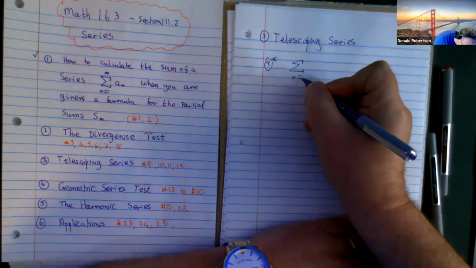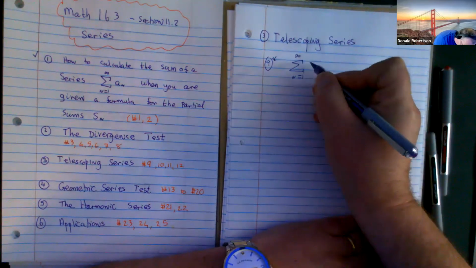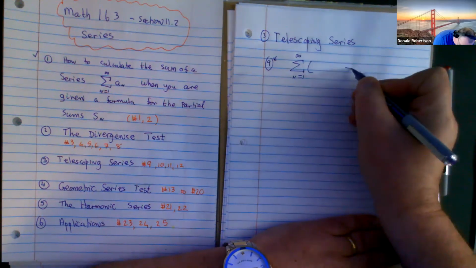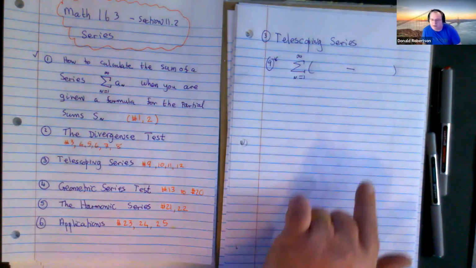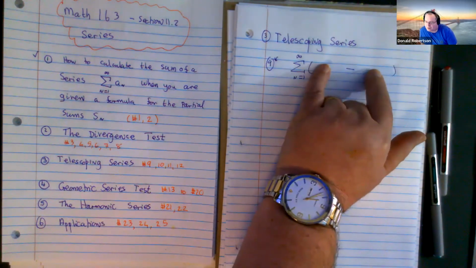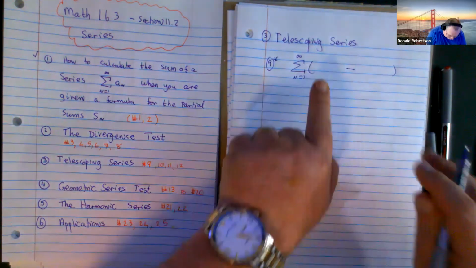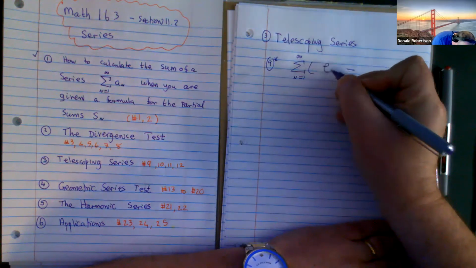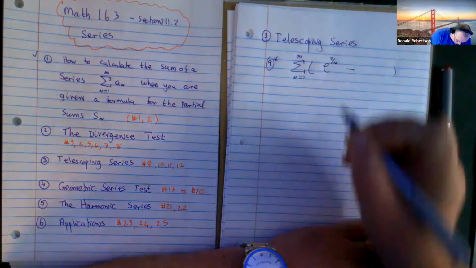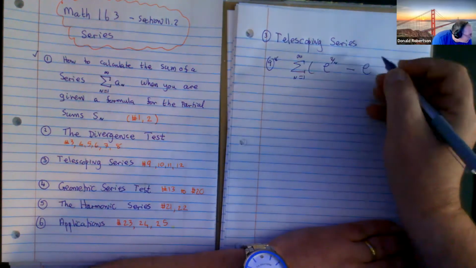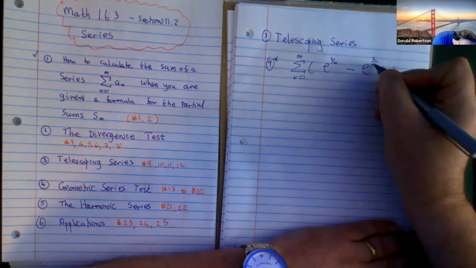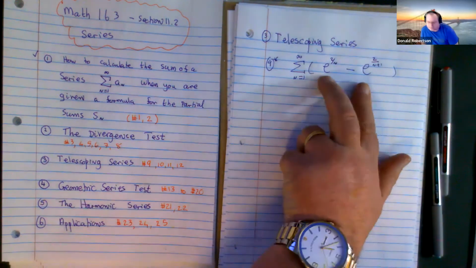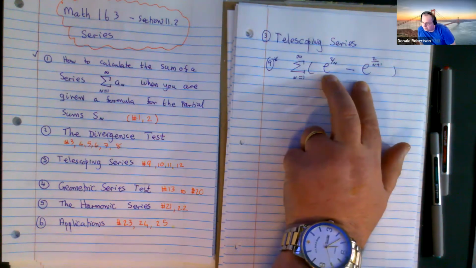You have n equals 1 to infinity, and you're going to have something take away something. That's what they look like. An A take away B kind of look. Both pieces are very similar looking algebraically. So here's that guy and that guy. Would you agree they're very similar looking?